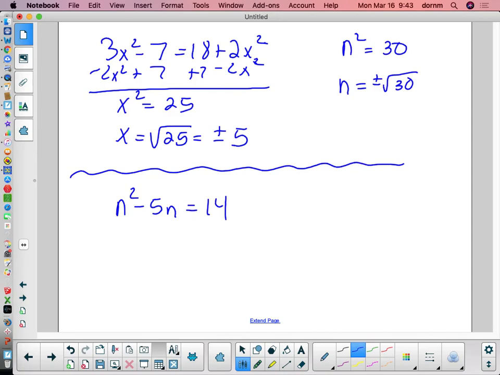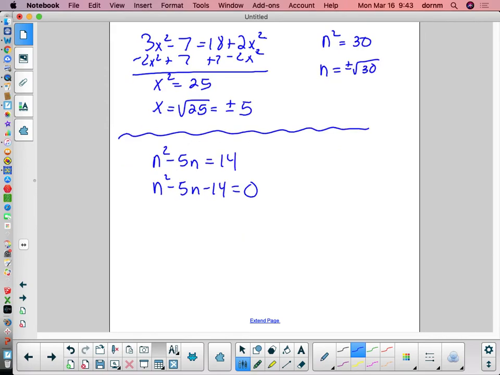Well, the way we solve a trinomial is to bring everything to one side of the equation and set it equal to 0. What I want to do is figure out what values of n make this true. And if you recall from algebra, what we do is we factor the polynomial.